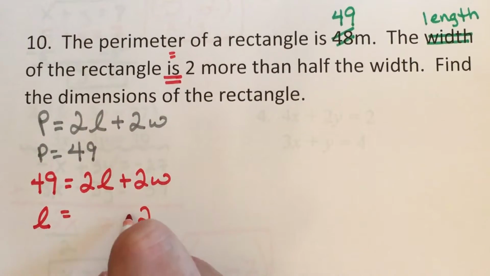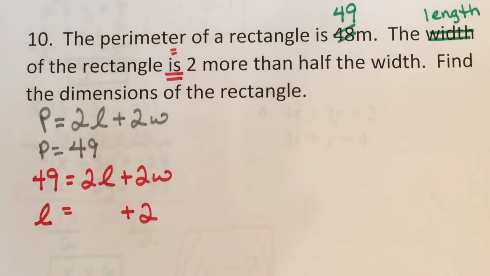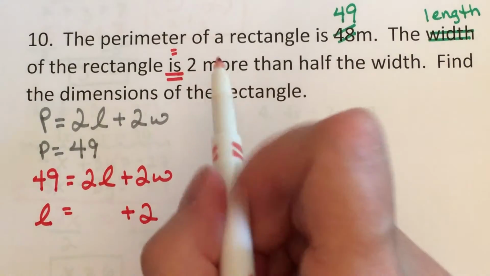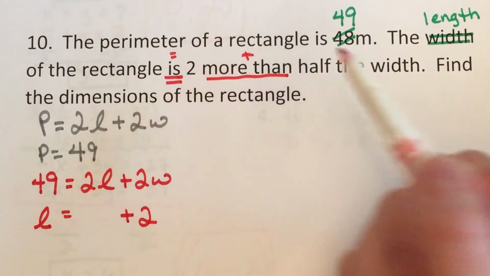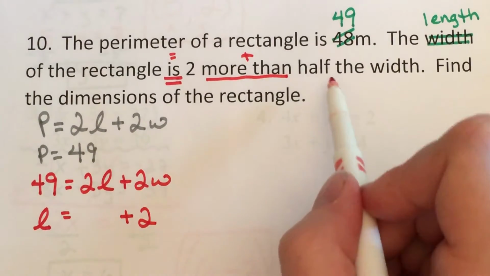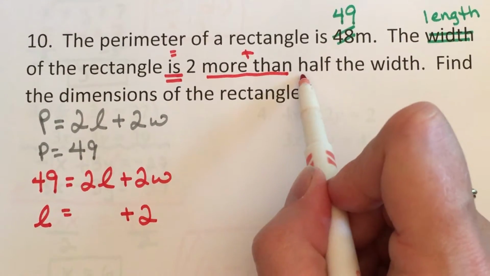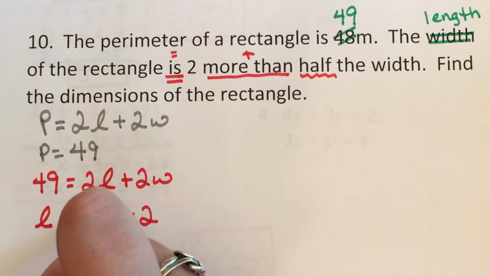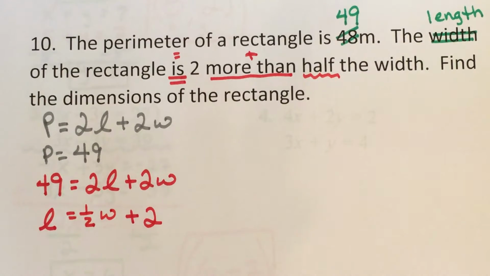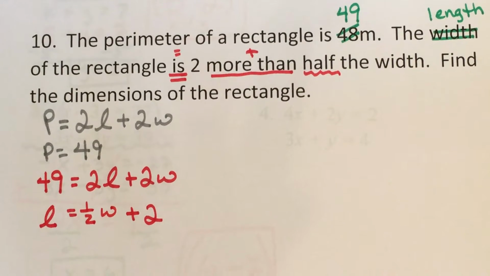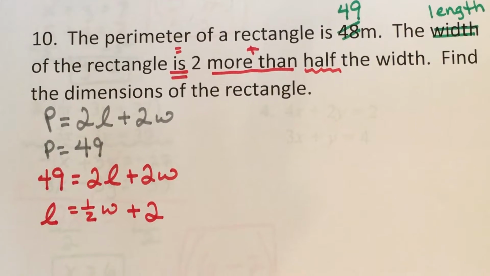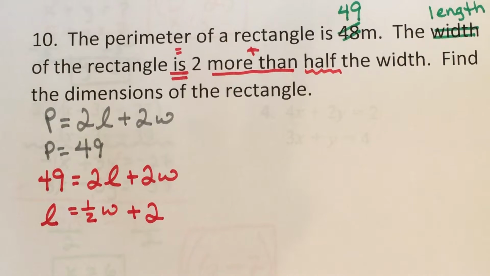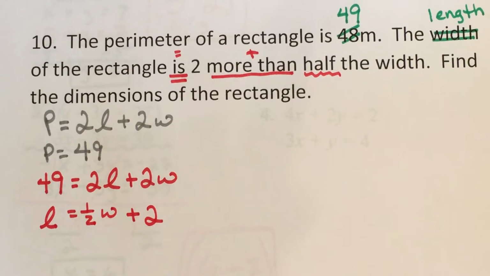So this is a plus 2 of something, because 2 more than means to add. And then it says half the width. What does half look like? It looks like half of the width. Okay, this is my system of equations that we need to go solve.